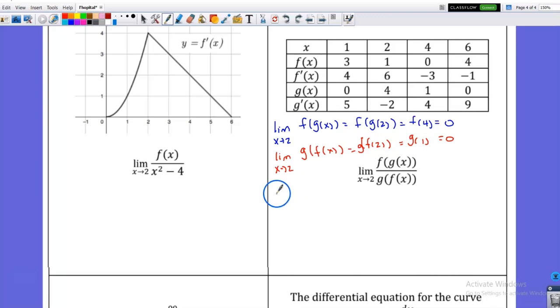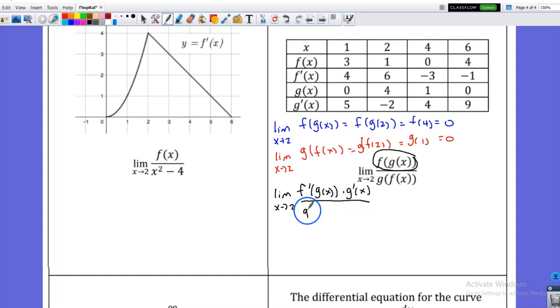So limit as x goes to 2, taking the derivative of the numerator, the derivative of f of g of x: the derivative of the outside, f prime, leave the inside alone, times the derivative of the inside. Same thing with the denominator.